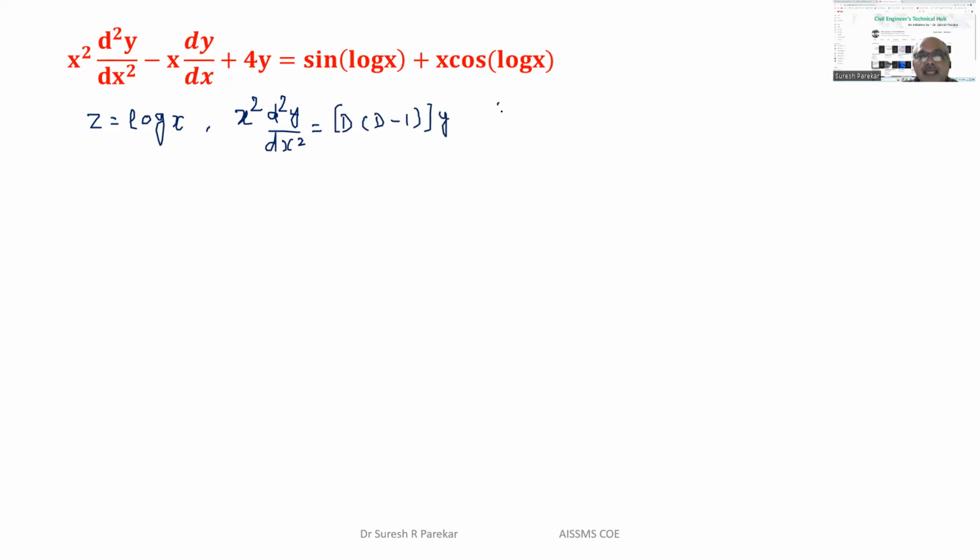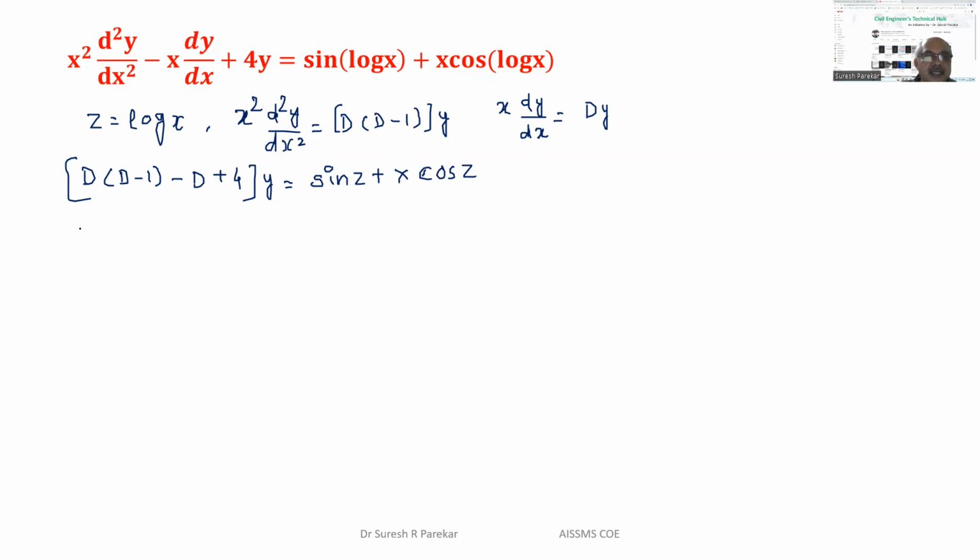Then we have x into dy by dx, we have to put it as Dy. So now we will put these values, and from this we will get D into D minus 1 minus D, that is for x dy by dx, plus 4 and whole into y, which is equal to sine z, because log x we have z, plus x cos z.